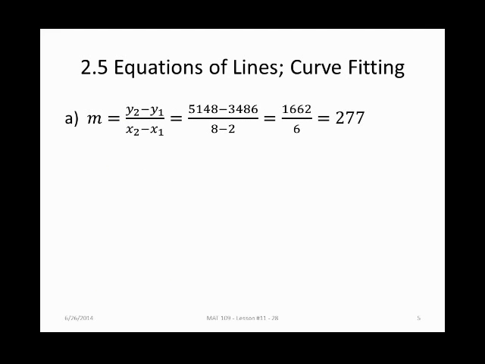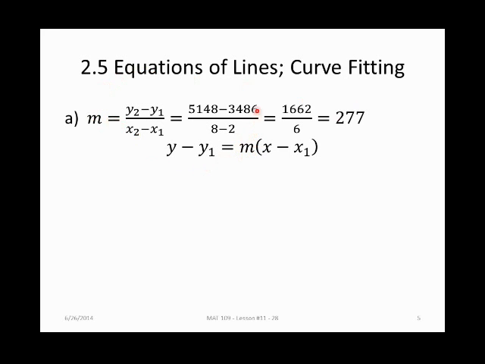So using the slope and the 2 points, here's the definition of slope, and using the 2 points, plug the numbers in, and we get m equals 277. This time I'm going to use the point slope form of the equation, and I'm going to take this number 277, which is m, and substitute it in here.